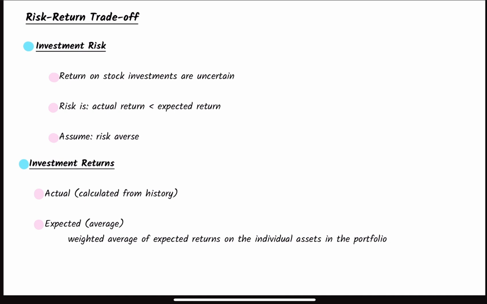The way that we can determine investment returns is by using the actual returns, which is calculated from historical data. And we can also find it from the expected or the average returns, which is the weighted average of expected returns on individual assets in the portfolio. So we're going to determine required rates of return based on risk and how to calculate that.